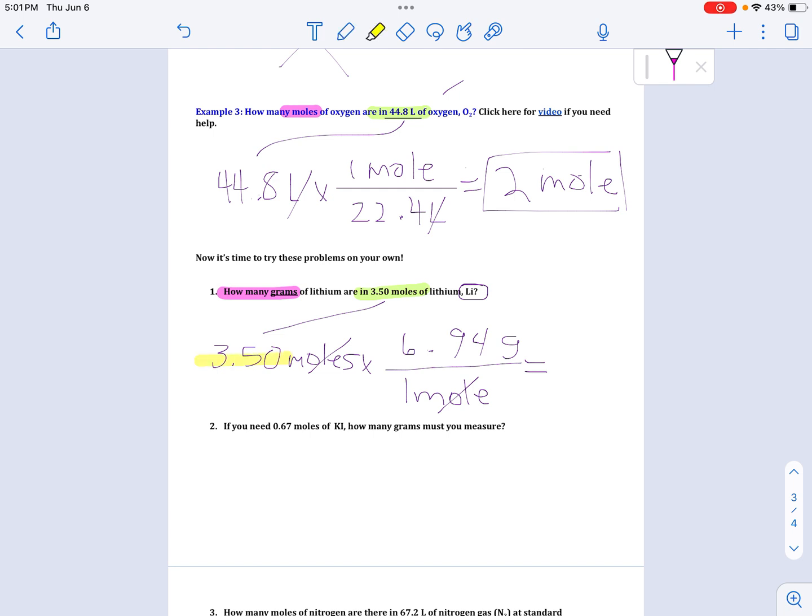So 3.5 times 6.94. And then I'm going to divide by the bottom. So 3.50 times 6.94 divided by 1 is 24.29 grams. So if I had 3.5 moles of lithium, it would weigh 24.29 grams.